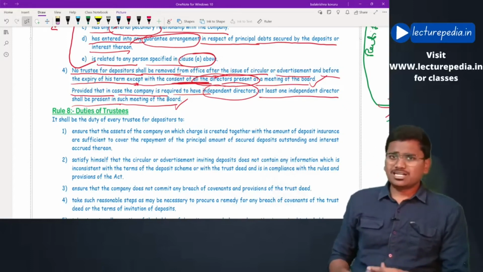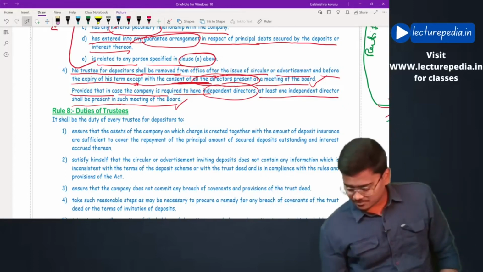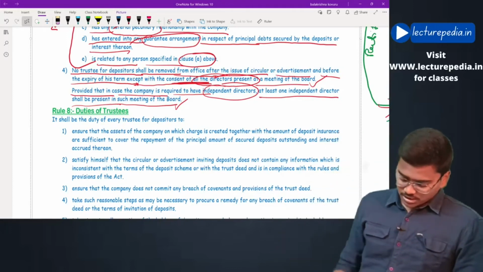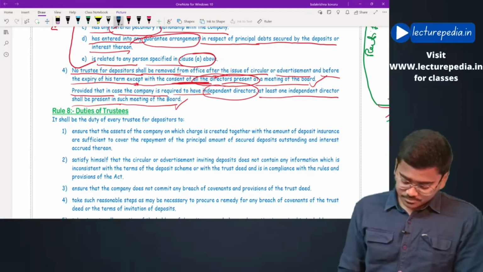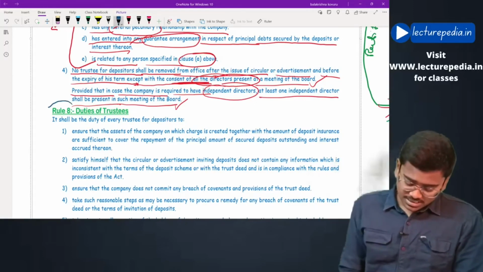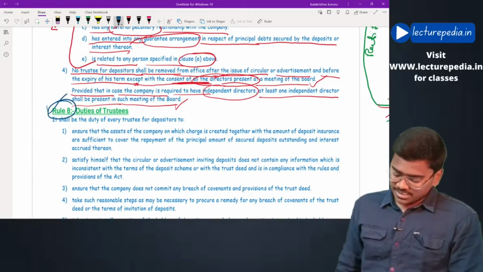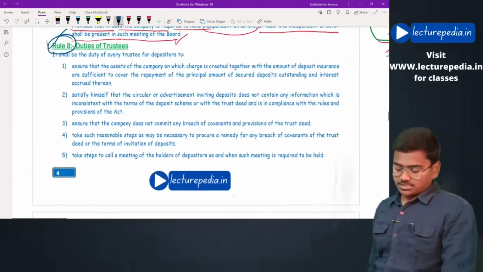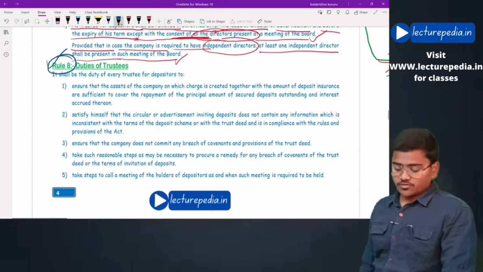You will be able to understand them if you just read them once. So what I'll do is, you just take some 2 minutes and read this rule number 8. After that we'll discuss. There are certain 8 points which will be the duties of trustees.